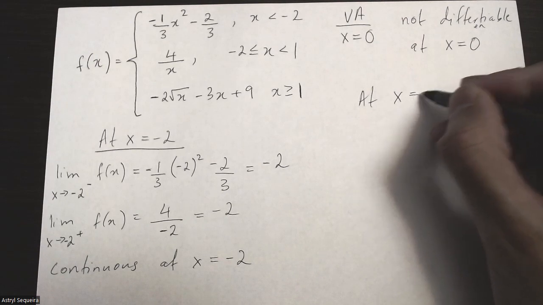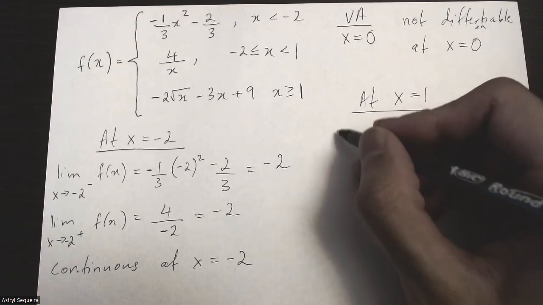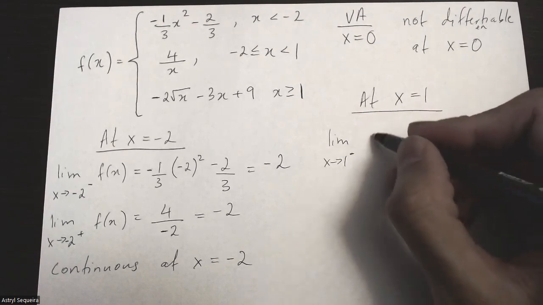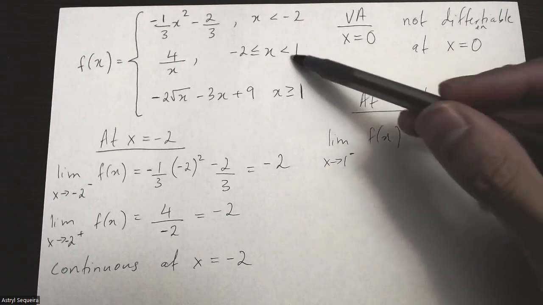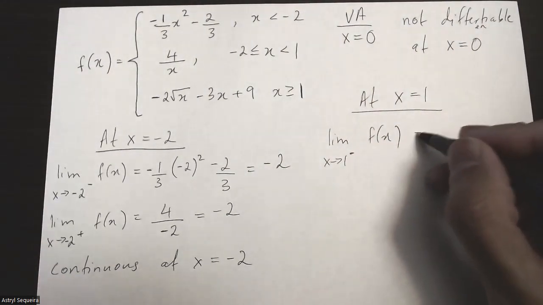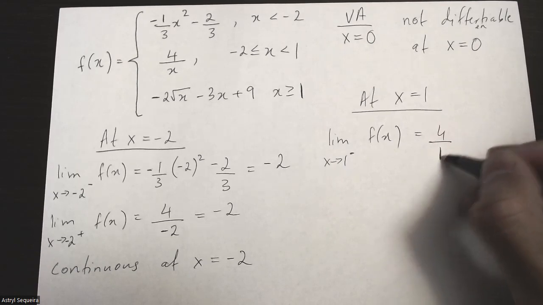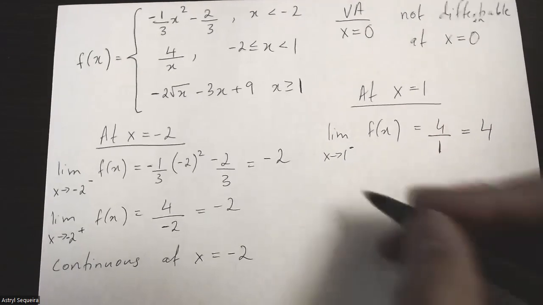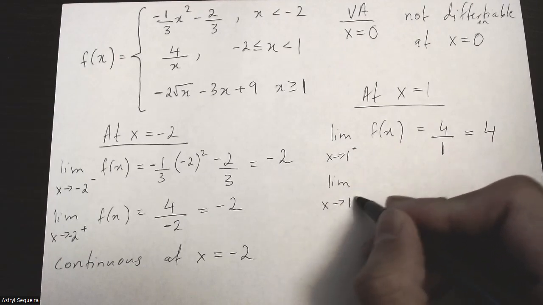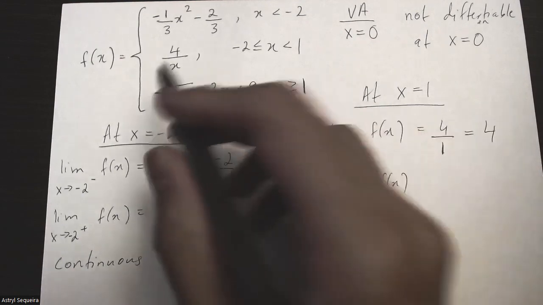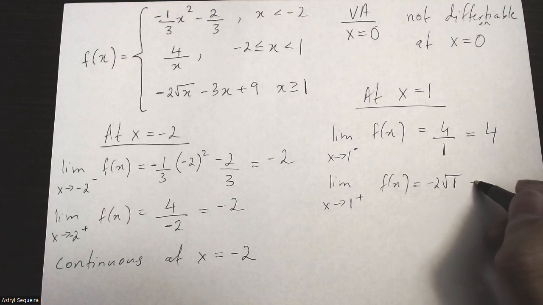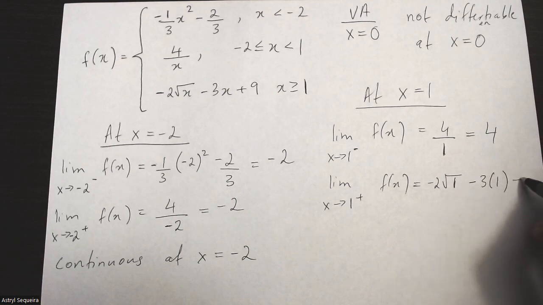At x equals 1, my left-sided limit, the limit as x approaches 1 from the negative side of f of x. At x equals 1 is the second and third function together. So the left-hand side is just 4 over x, so 4 over 1, which is 4. And for the right-hand side, f of x is this final function here, -2 root 1 minus 3 times 1 plus 9.